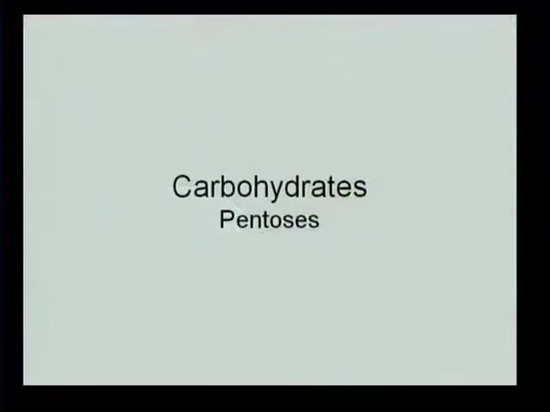So we learned earlier that when a carbohydrate has 5 carbons, in other words, if it has the general formula C5H10O5, or with the exception of deoxyribose, which has the formula C5H10O4, either one having 5 carbons, so 5 carbons makes that a pentose.